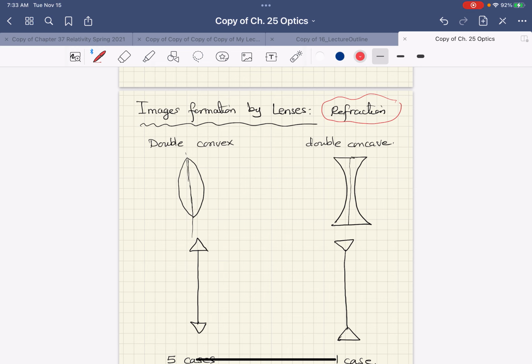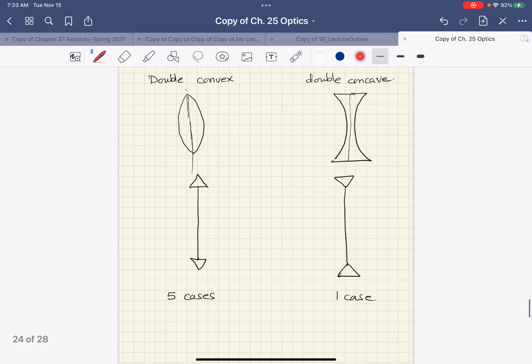And also one more approximation we are going to make. These are called thin lenses, because if we assume that they have some thickness, that is a different story, because it is going to have more refractions.